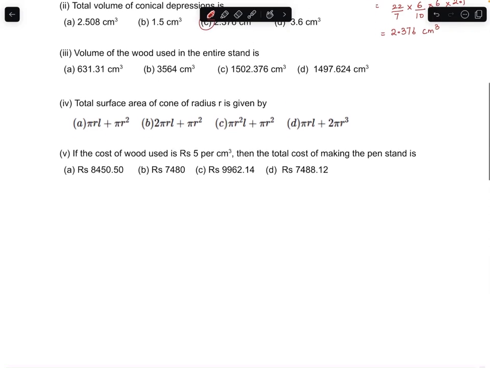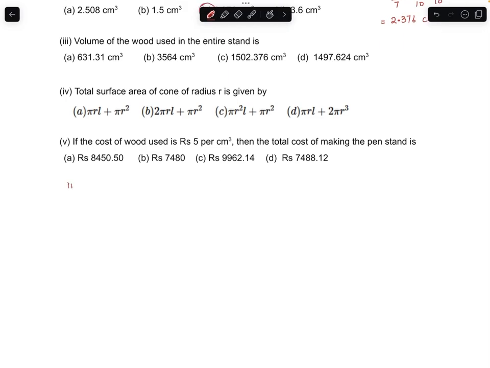Question 3. Volume of the wood used in the entire stand. Volume of wood used is volume of that entire cuboid minus volume of 3 depressions.